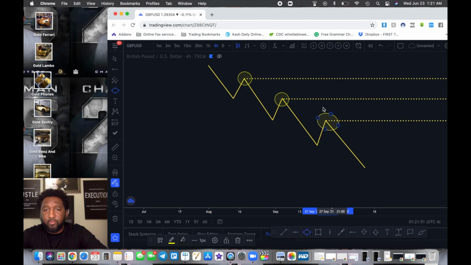Okay, right? But when it's coming down here and creating these new higher lows, if we just slide that bad boy this way, this is resistance, this is support. Same thing over here. This is resistance, this is support. Okay?